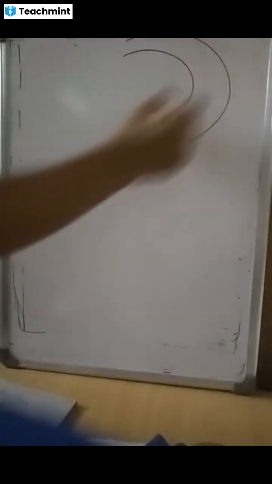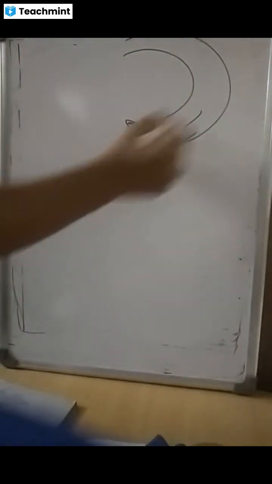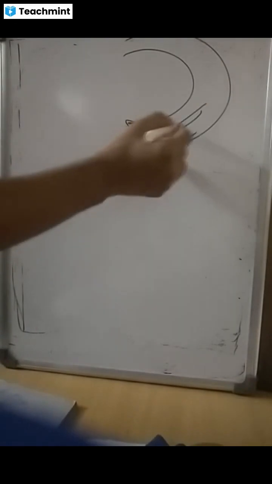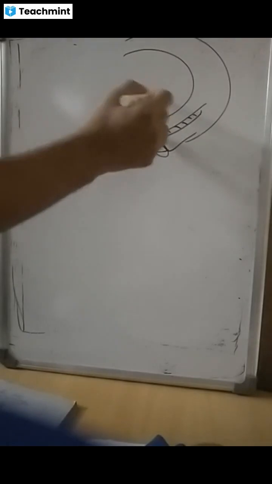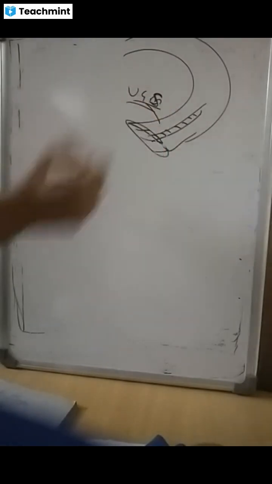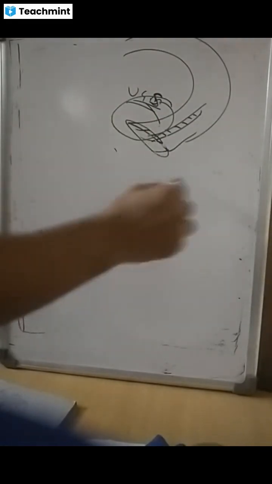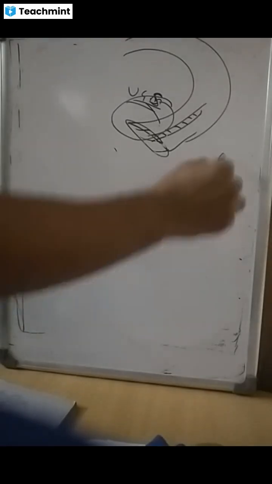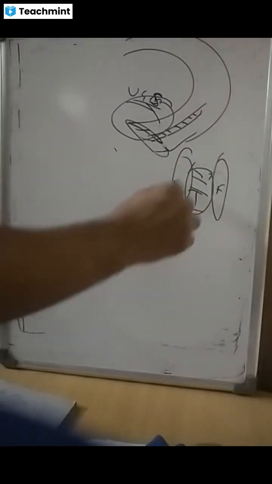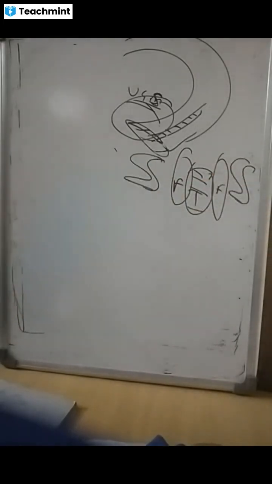So till now, what we have seen: the cloaca having cloacal membrane. This was the septum. This was the urogenital sinus. From this, three swellings developed: tubercle, on the side the fold, and the genital swellings.